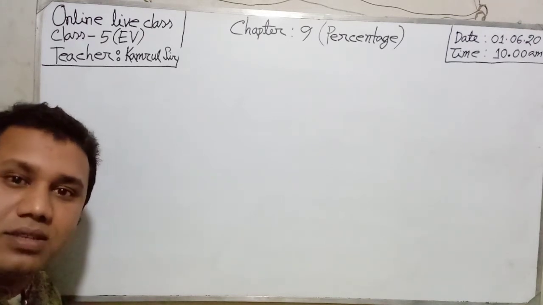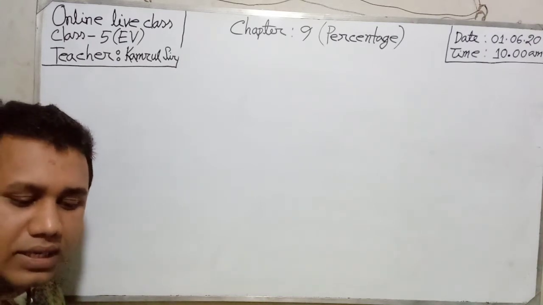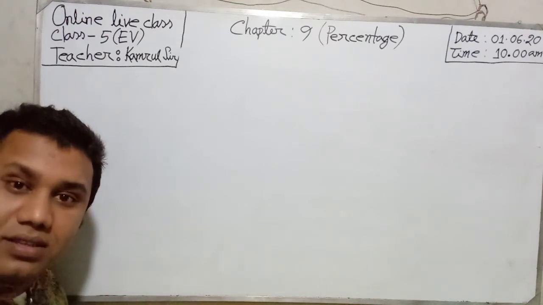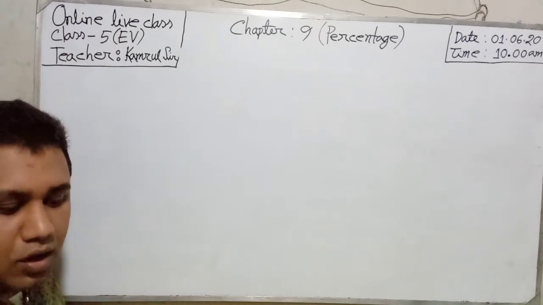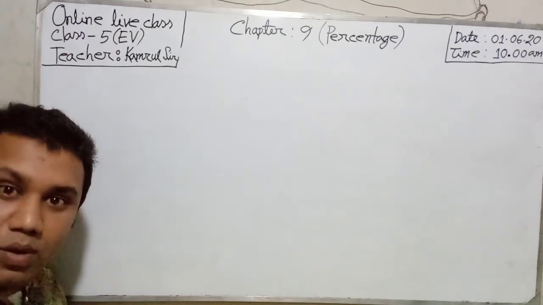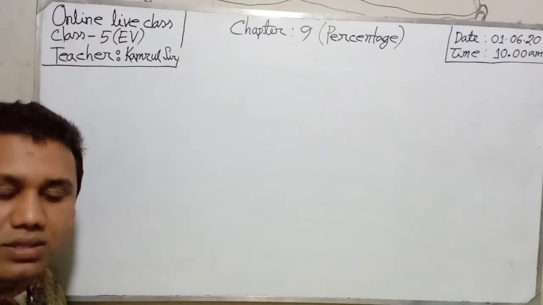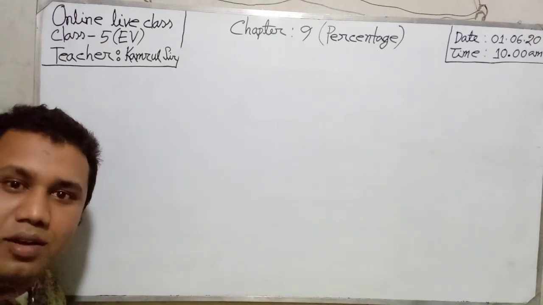This 15% means rate of interest. And the annual interest paid was 1680 taka. So this money is interest. 1 year later. Remember, 1 year later, so this 1 year indicates time. Good. Now how much was the principal? So our demand is to find the principal.